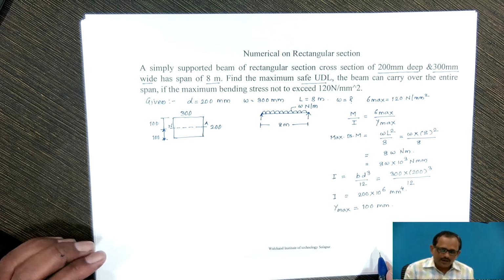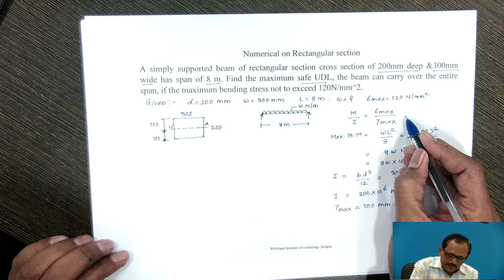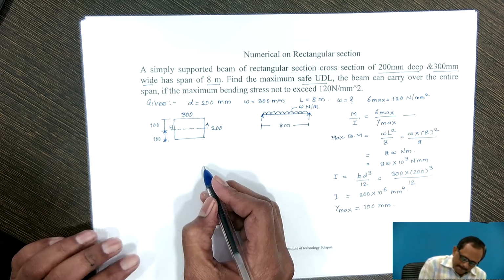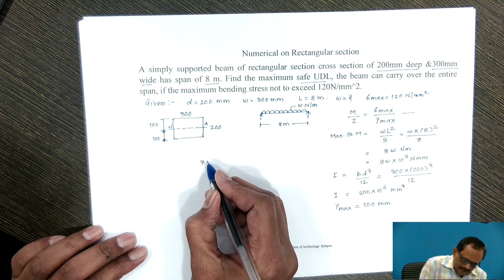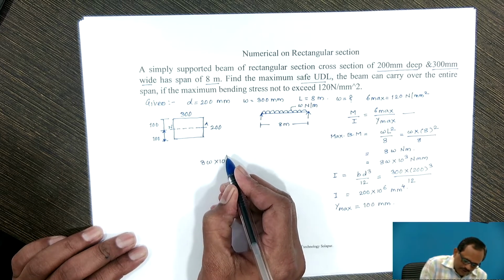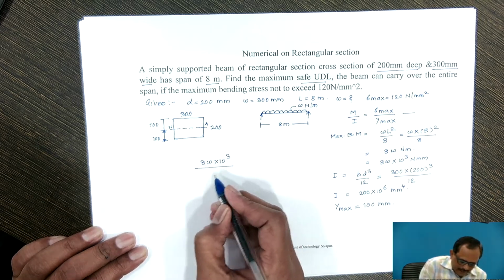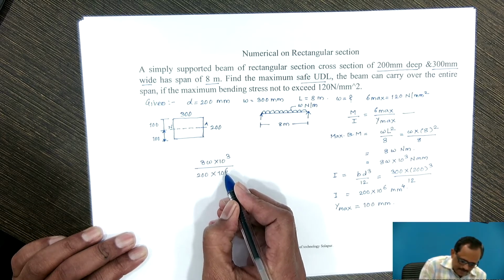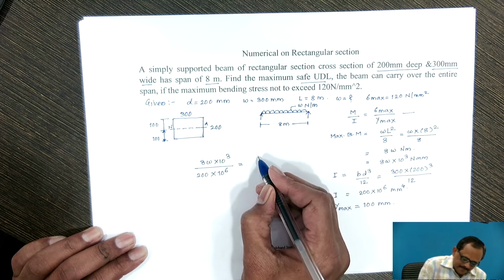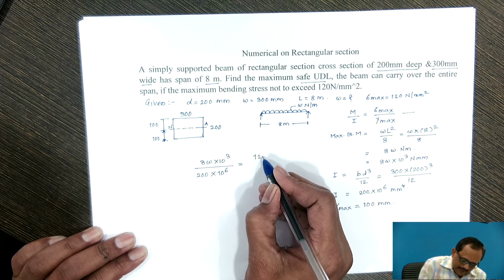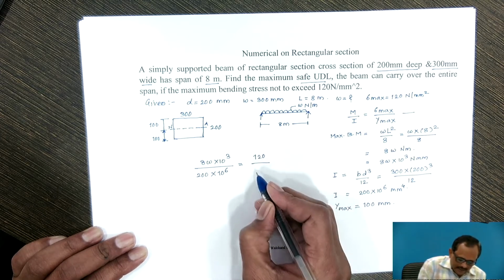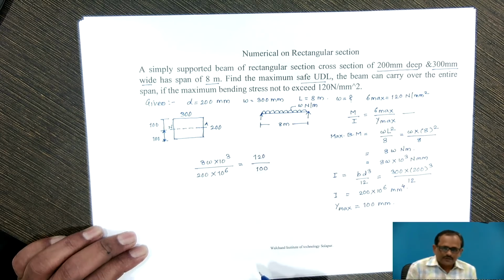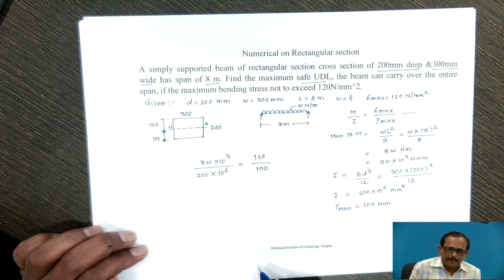Putting all these values in this equation, we get 8W into 10 raised to 3 divided by 200 into 10 raised to 6 is equal to sigma max, which is 120 Newton per mm square, divided by the distance of the topmost or bottommost layer from the neutral axis, which is 100 mm.